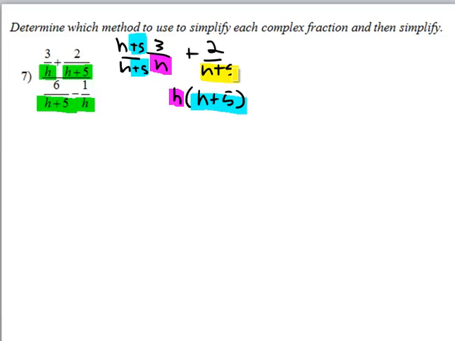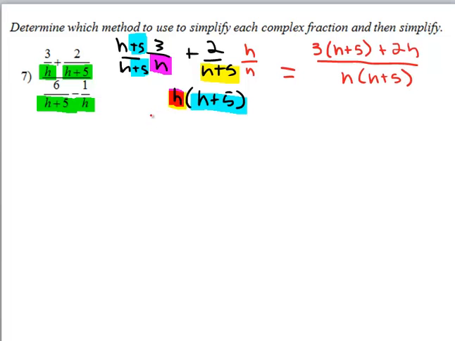This one is missing this one. So I'm going to multiply it by just h over h. And the new look for all of this would be 3 over h plus 5 plus 2h all over h times h plus 5.